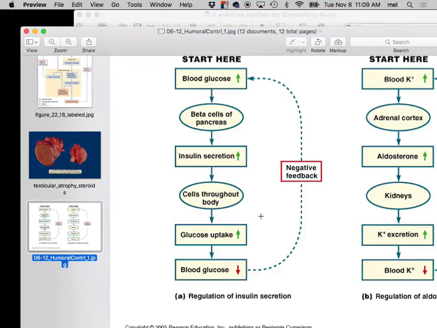Yes. So this is like a humoral control example. It's classic, right? So the blood glucose level is too high. The beta cells of the pancreas release insulin. The cells throughout the body increase glucose uptake, which drops your glucose level, right? And it is not insulin. It is glucose that feeds back. Good? It's a classic non-hormone feedback mechanism.